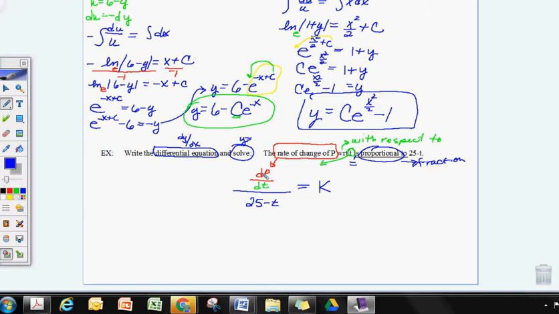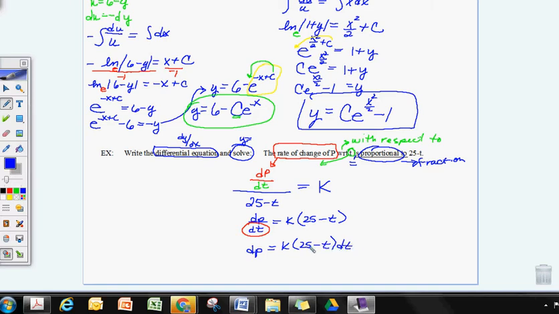I've got to get this dp dt by itself. So dp over dt is going to equal k times 25 minus t. And now look at what we've done before. I've got a dt here, so I'm going to move that to the other side, and this is going to become dp equals k times 25 minus t dt.